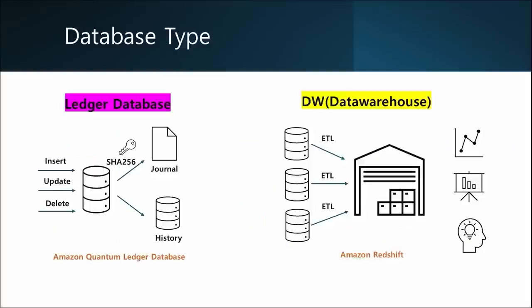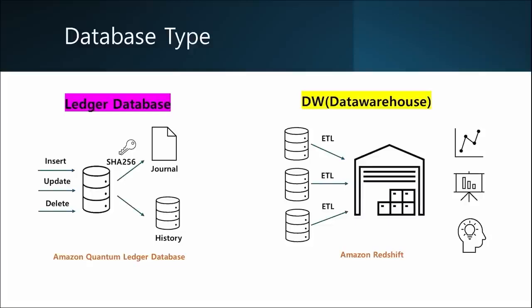The next database type is a ledger database. A ledger database has something called a journal, which allows the history of incoming transactions to be managed. This journal can only be added to and cannot be deleted. This ensures the reliability of this change history management. This is a type of database that is widely used in places where change history is important, such as banking or insurance transactions.